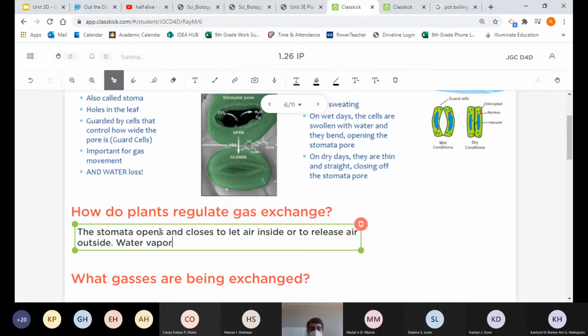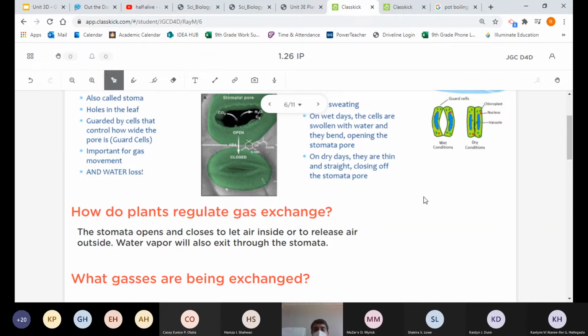Water vapor will also exit through the stomata. So it becomes very important to regulate how it opens and how it closes, right?